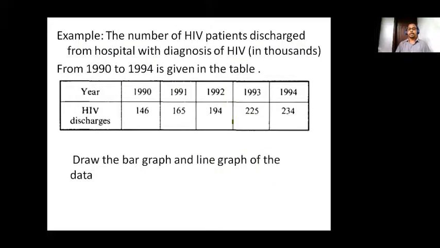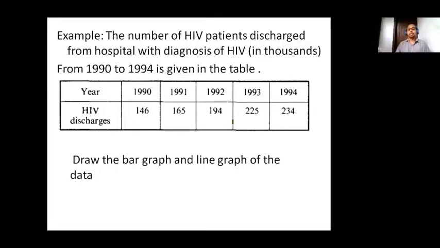For example, the number of patients discharged from a hospital with a diagnosis of HIV, in thousands, from 1990 to 1994 is given in the table. In the year 1990, 146,000 HIV patients were discharged. Correspondingly, each year is given in the table.